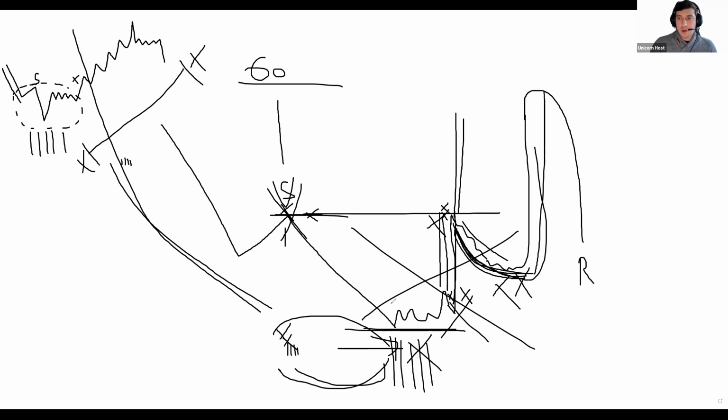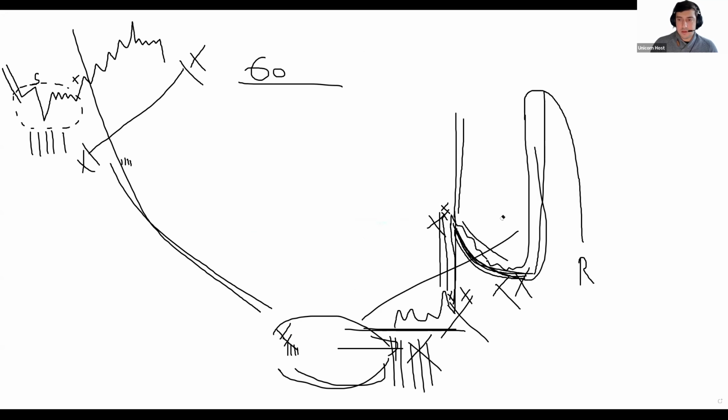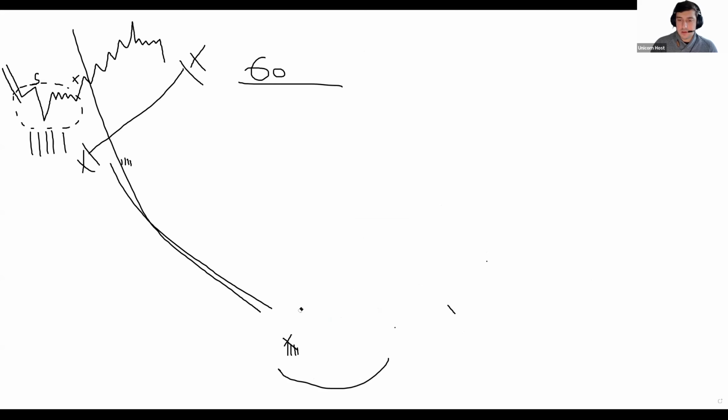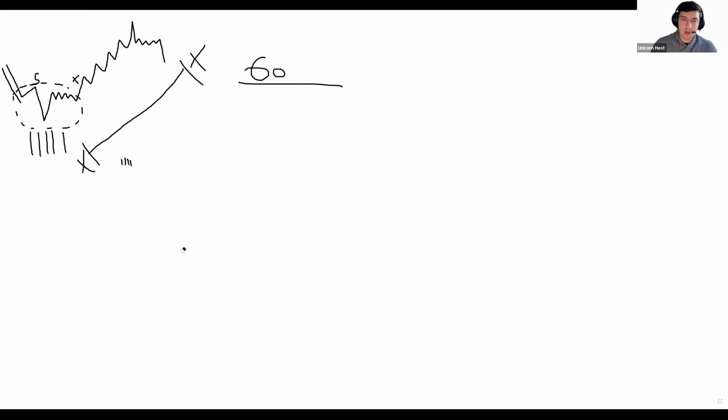Okay. So let's talk about a scenario where you have your last seller, and that last seller comes in with high selling pressure and low volume at the bottom.